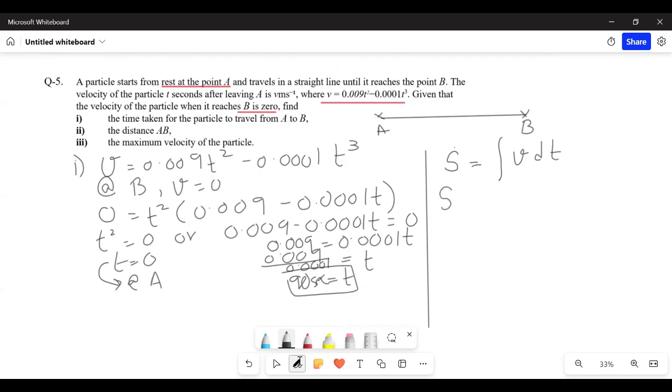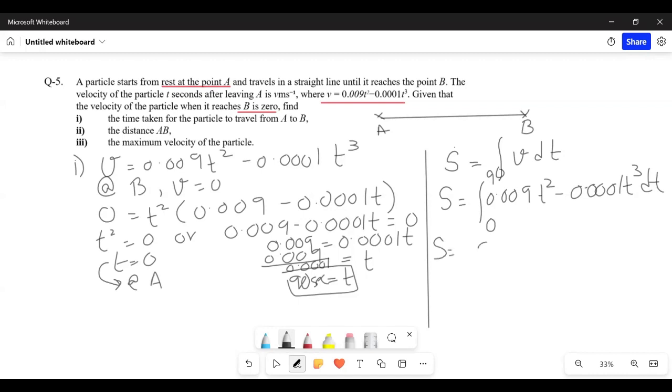S is actually the displacement, or it's sometimes represented as x as well. So integrate 0.009 t square minus 0.0001 t cube dt. And we have to find the distance from A to B. We also know the time from A to B, so you can enter the limits of time, 0 to 90. So now you won't have to find C later. You will directly get the distance.